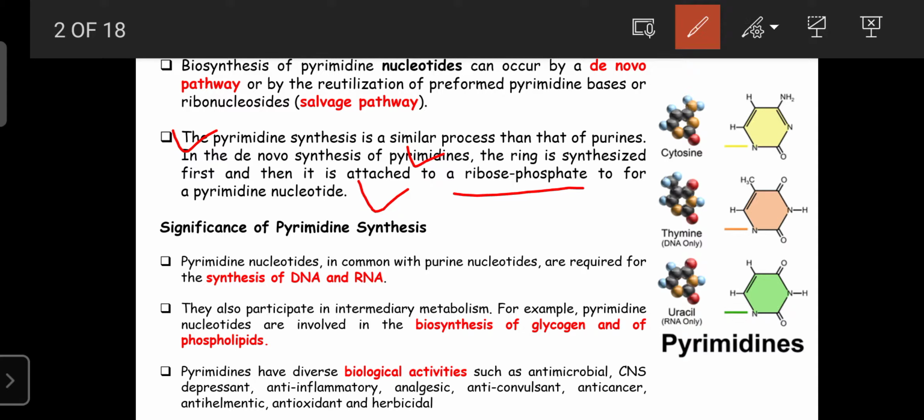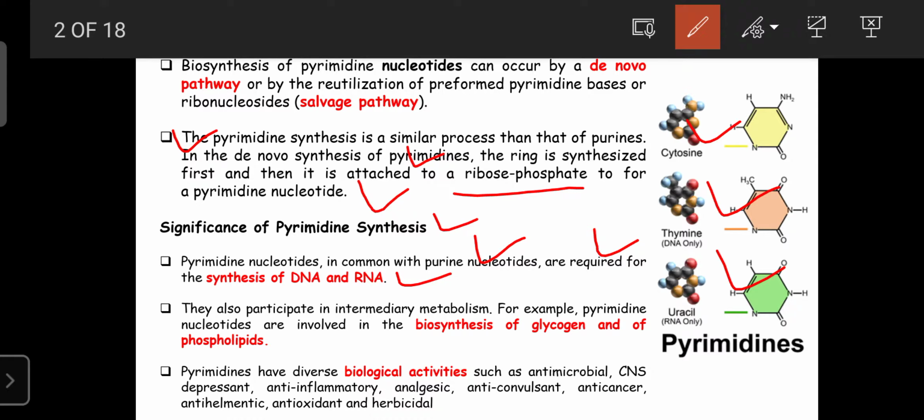After that, they are attached with the ribose phosphate, and then they are responsible for the synthesis of these pyrimidine molecules. Now we can learn regarding the significance of the pyrimidine synthesis. Pyrimidine nucleotides, common with the purine nucleotides, are required for the synthesis of DNA and RNA.